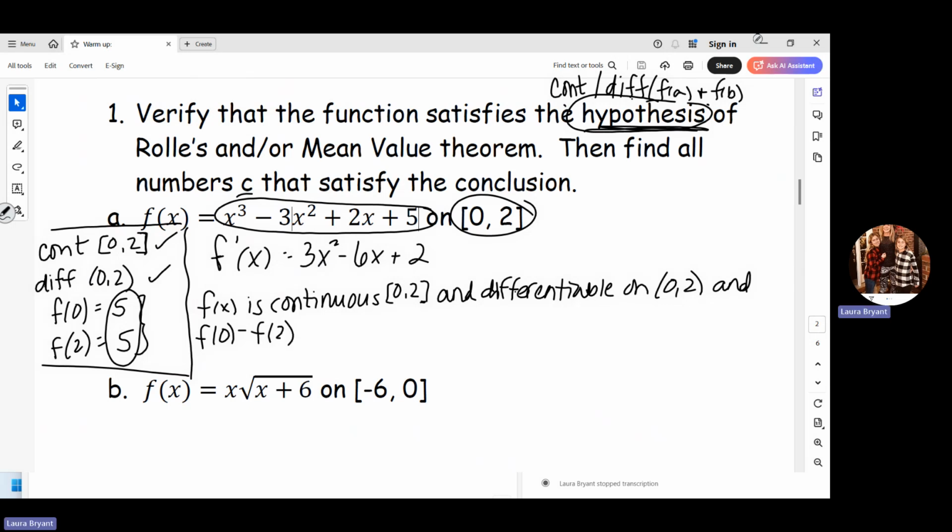Sorry, f of 2. So therefore, or so, or then, whichever word you want, the conclusion says f prime of c will equal 0, where c is between 0 and 2.